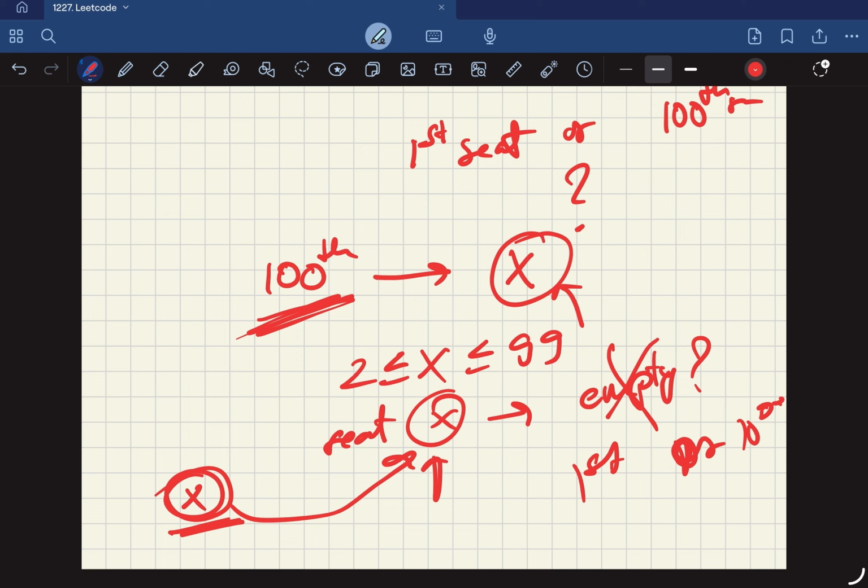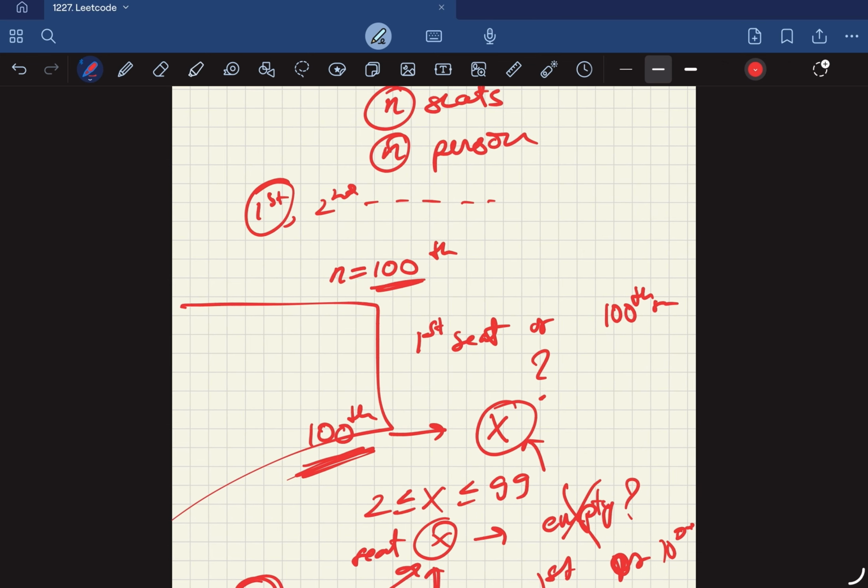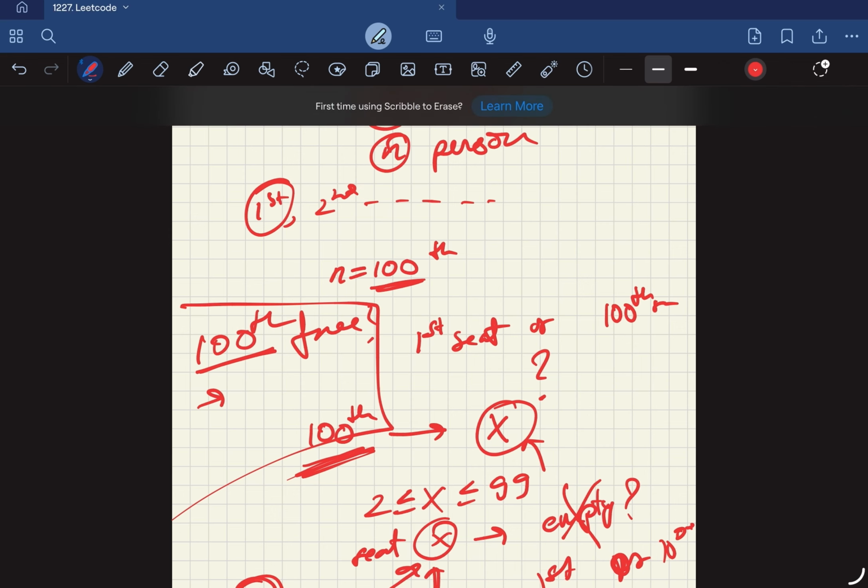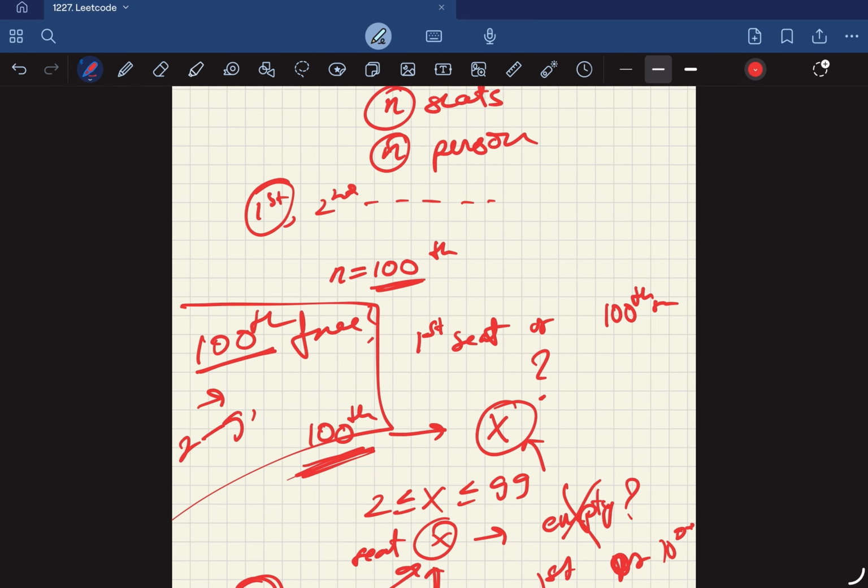Now the probability of position 100 being free is 1 by 2. Why? Since it is clear that positions 2 to 99 have already been filled, we can suppose that out of those previous 99 persons, one is sitting on either seat number 100 or 1.